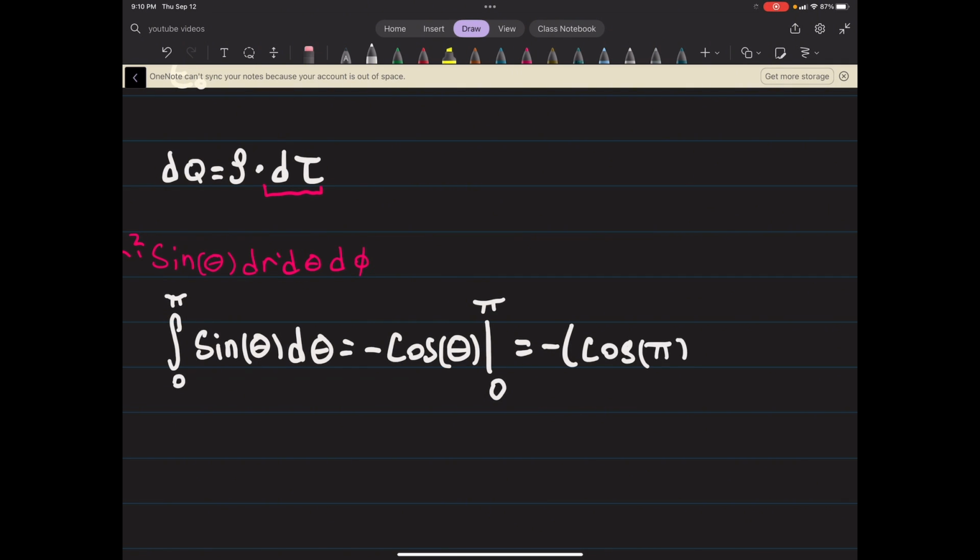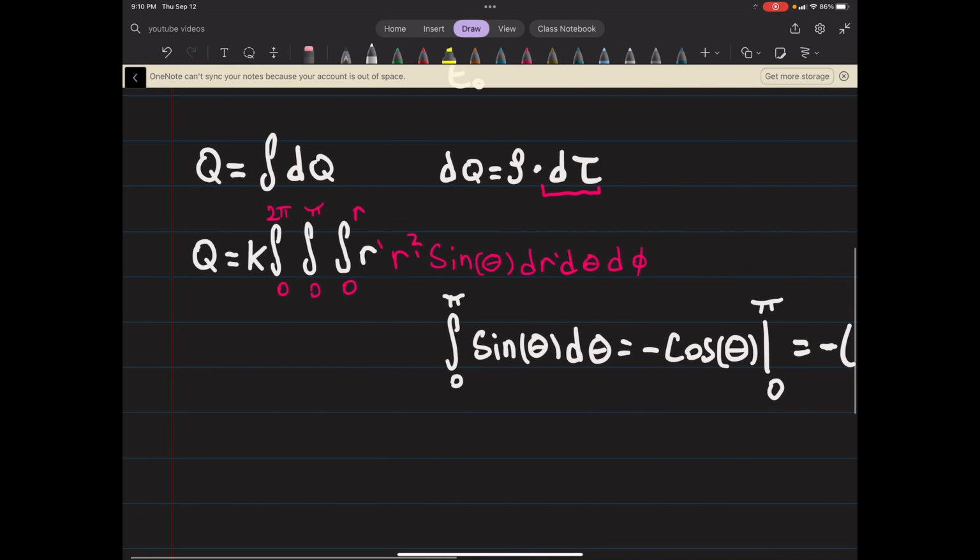Just again, always good practice. So if you evaluate this integral, this is negative 1, this part is 1, so negative 1 minus 1 is negative 2, and then the negative sign, that's 2. And obviously if you integrate d phi from 0 to 2 pi, that'll just be 2 pi.